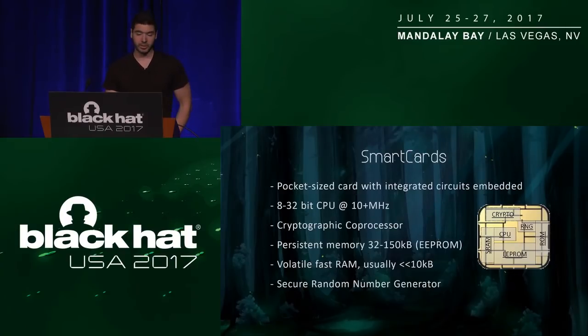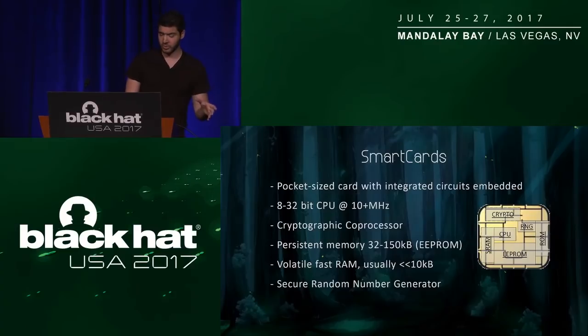So to begin with, smart cards. By smart cards, we mean a pocket-sized card which features an embedded integrated circuit. Usually smart cards have a CPU and a cryptographic coprocessor, which is aimed to do specific operations very fast. The CPU can do any operation, but it's usually slow. They usually have two types of memory.